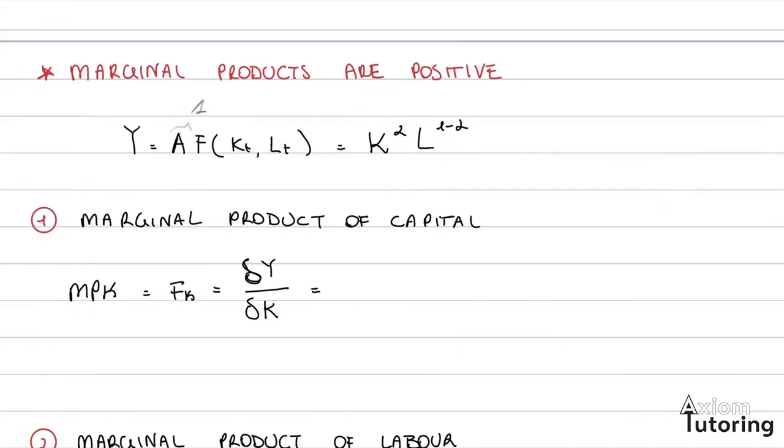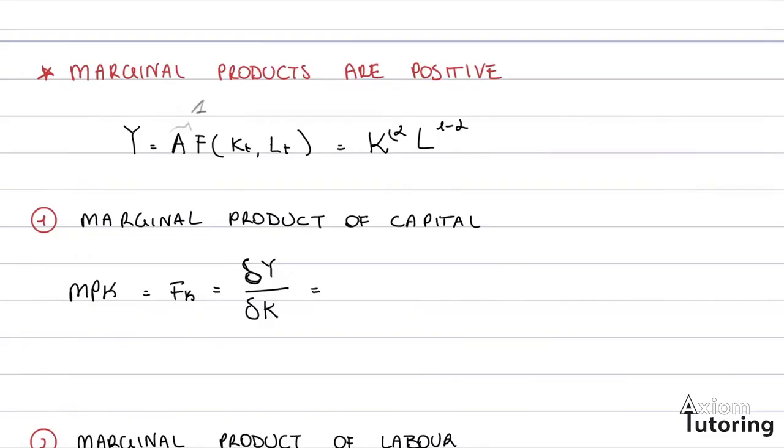So we are going to differentiate the Cobb-Douglas production function with respect to K, and we're going to treat L as if it was a number, as if it was a constant. So we don't need to worry about it too much for the time being when we differentiate with respect to capital.